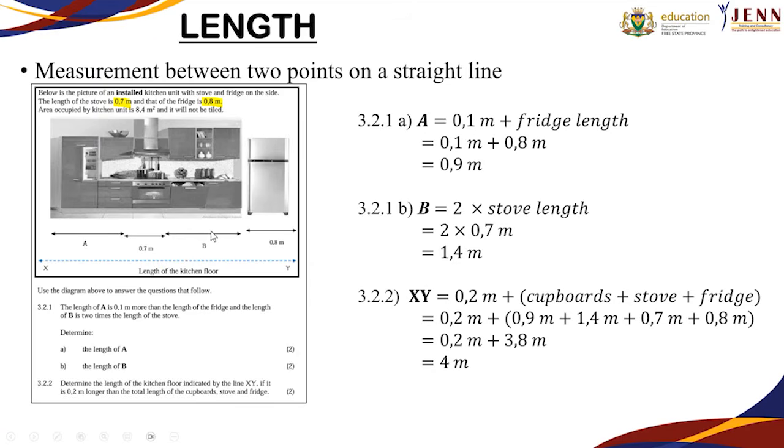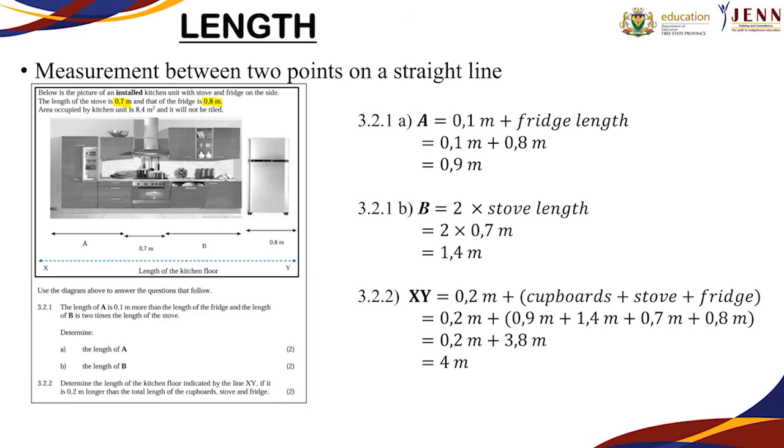Then from the stove to where the kitchen unit ends, that is length B. Then you get the length of the fridge, which is 0.8 meters. Now it says the length from X to Y that you see in blue there is the length of the whole kitchen. So now you can just start using your imagination and thinking how this kitchen looks.